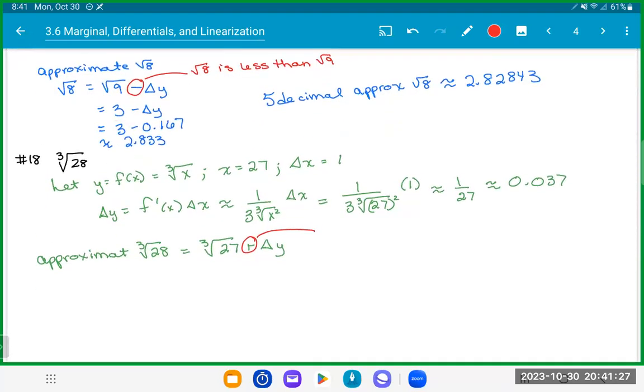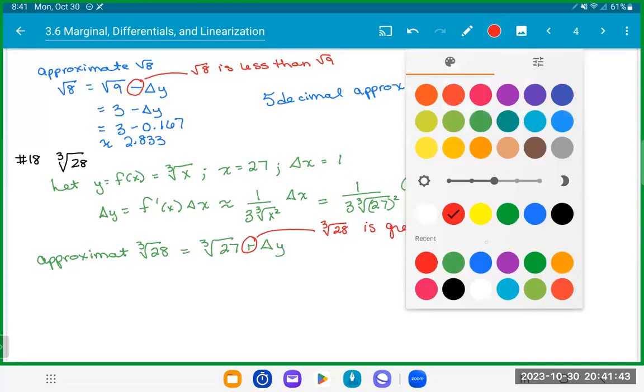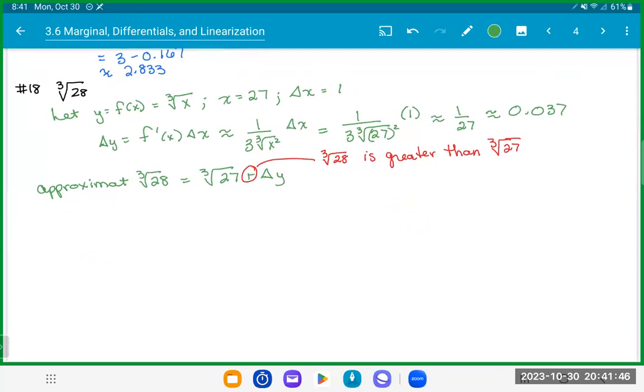The cube root of 28 is greater than the cube root of 27. Okay, so that's why we chose this here to be positive. Okay, the cube root of 27 equals 3, and my change in y is 0.037. So when we add those together, we get 3.037.